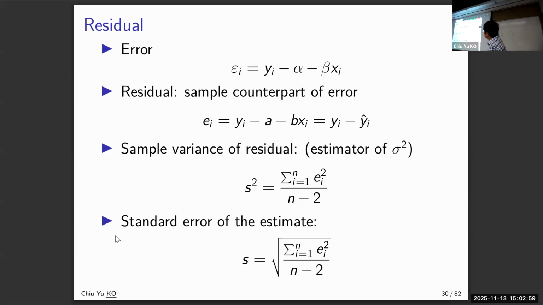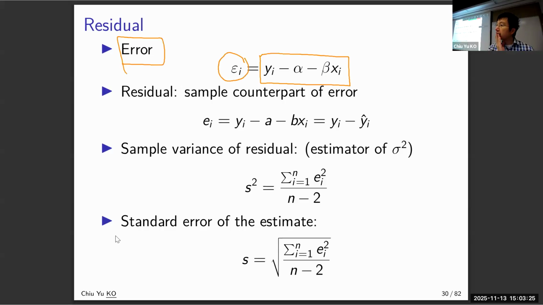Now let me introduce the idea of residual. The residual, also the error, is what we have already, right? This formula. Remember this is a random variable.